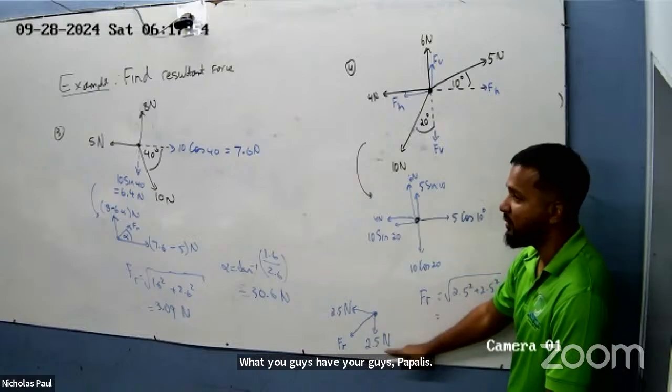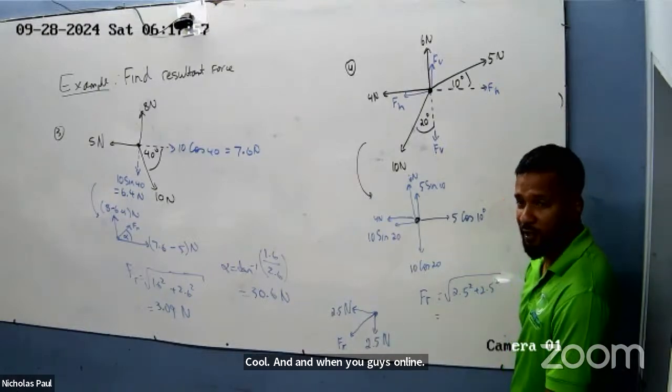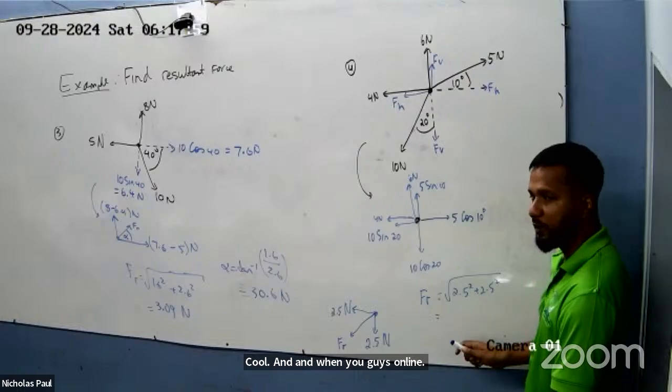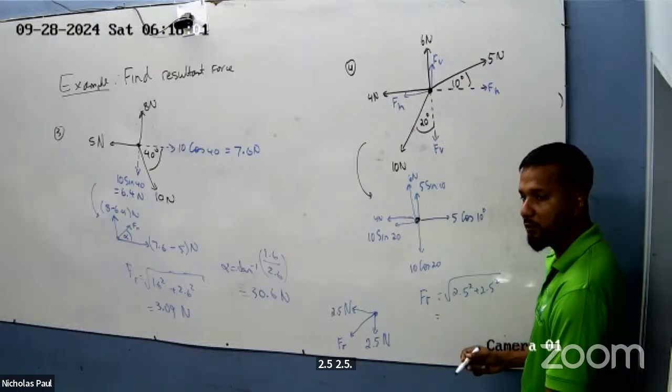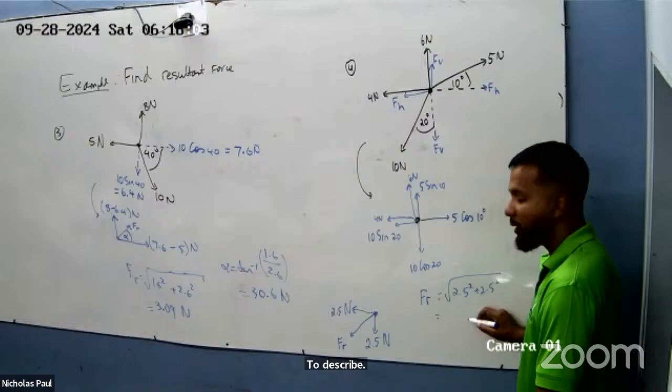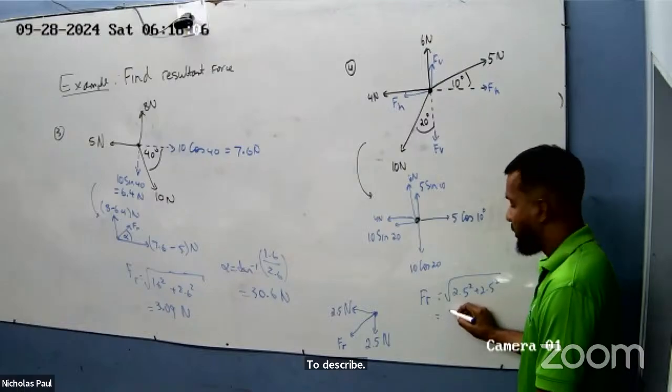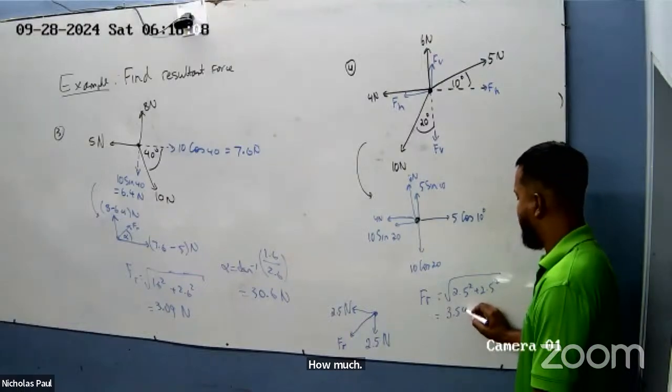Anybody got this online? 2.5, 2.5? You got that? So the square root is this one. How much? 3.54.